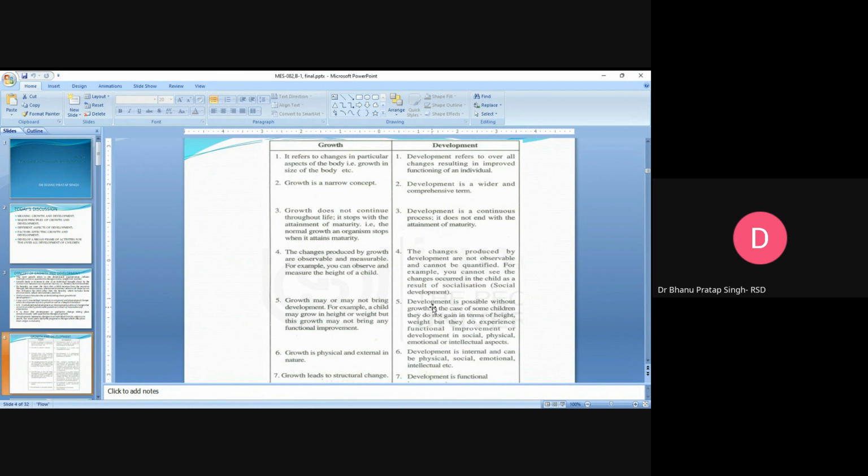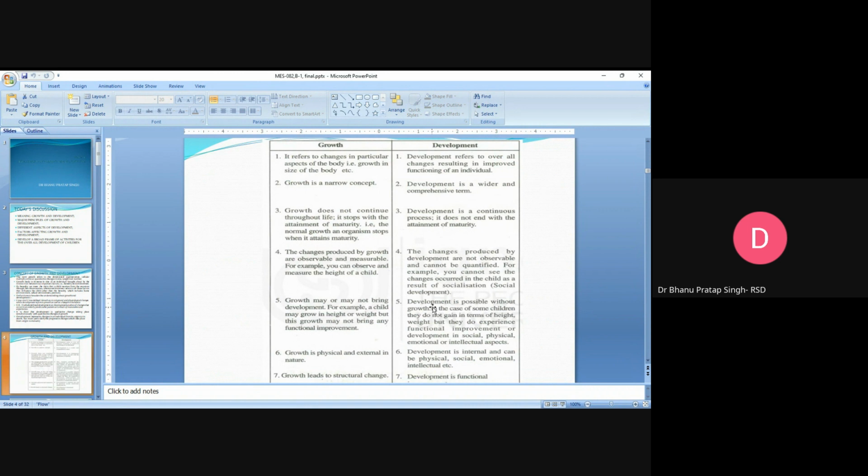The next difference is that growth may or may not bring development. For example, a child may grow in height or weight, but this growth may not bring any functional improvement, meaning improvement in knowledge, thinking, opinion, or traits. Whereas development is possible without any growth.